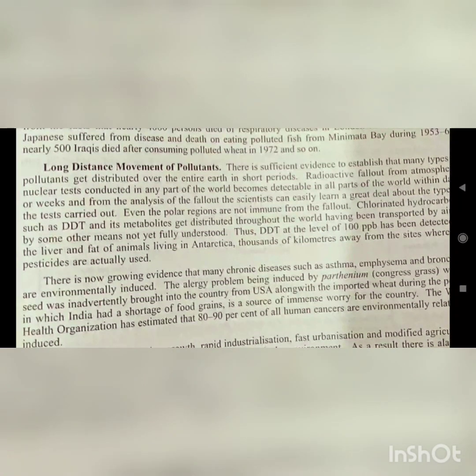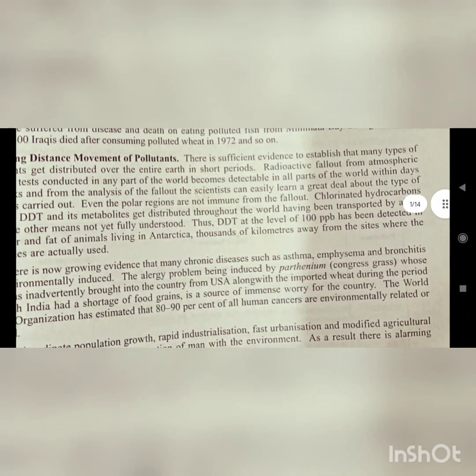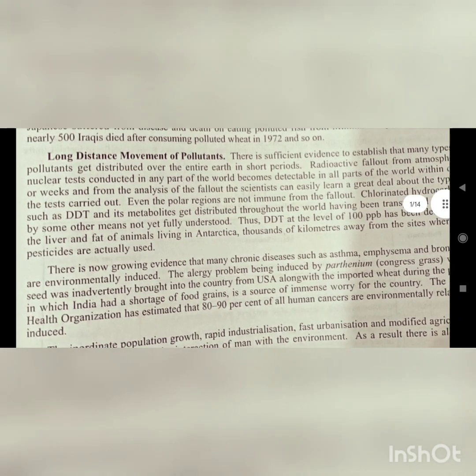Radioactive fallout from atmospheric nuclear tests conducted in any part of the world becomes detectable in all parts of the world within days or weeks, and from the analysis of the fallout, scientists can easily learn a great deal about the type of tests carried out. Even the polar regions are not immune from the fallout.